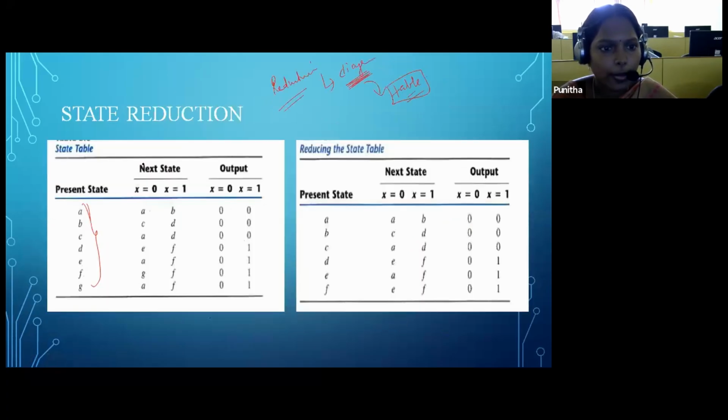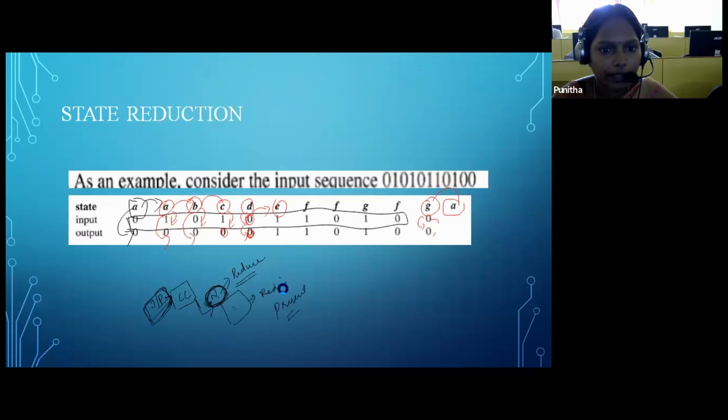I need to find the next state. I need to mention the next state here. If I apply input x equal to 0, what will be my next state? If I apply input x equal to 1, what will be the next state? I have to look at the given diagram.